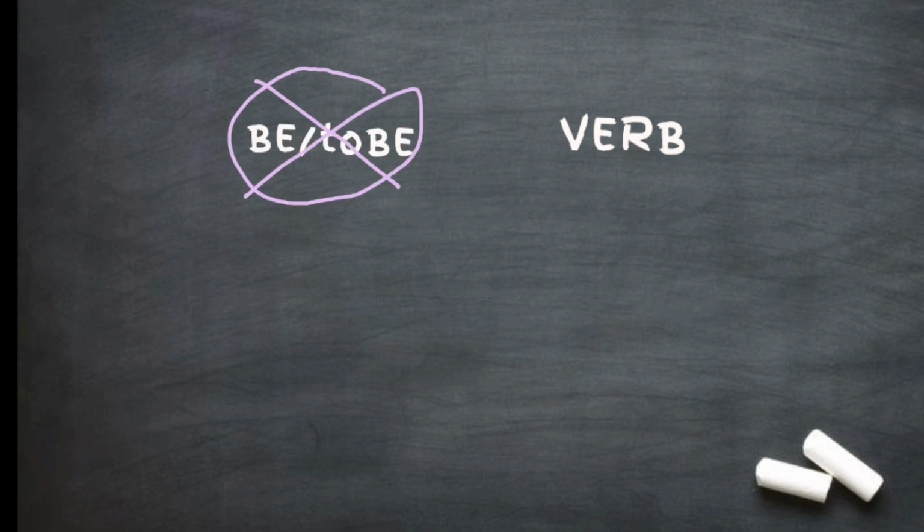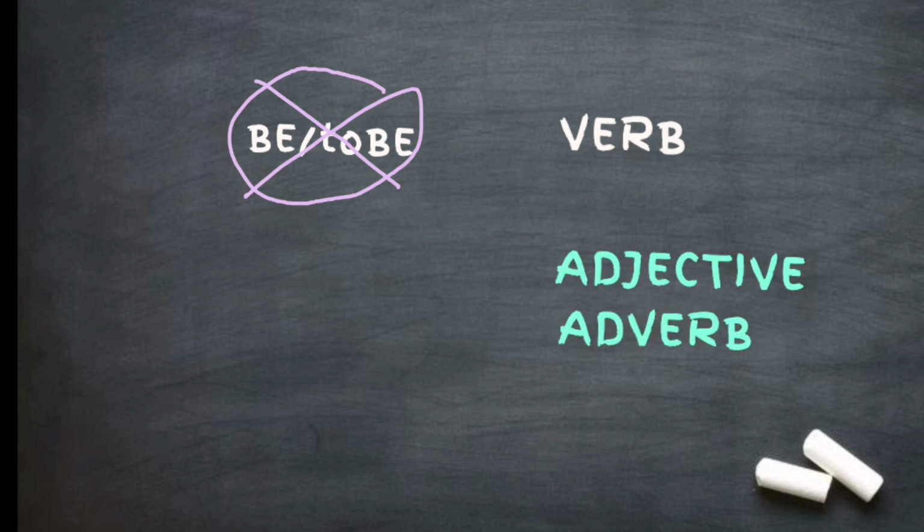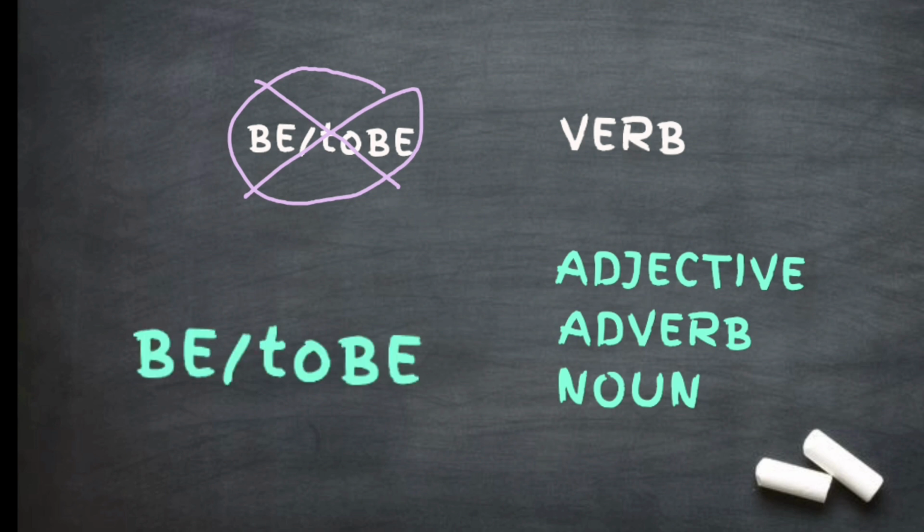So that's why when you use verb, you do not need to add to be, but then if you want to use other than verb like adjective, adverb, and noun, you need to add be or to be to make it as if it's functioning as a verb in the sentence.